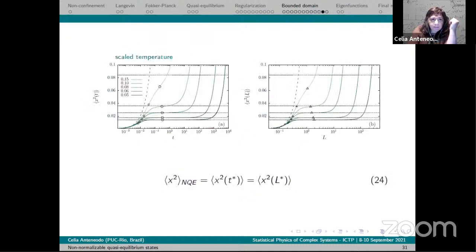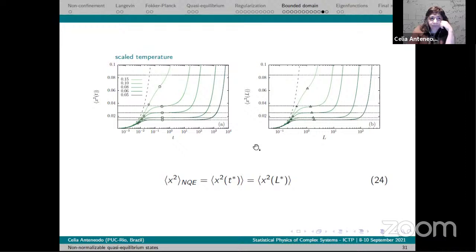And we can then define the averages. We have the average as a function of L, but we can estimate the inflection point and calculate the average in that point that will provide the quasi-equilibrium value.